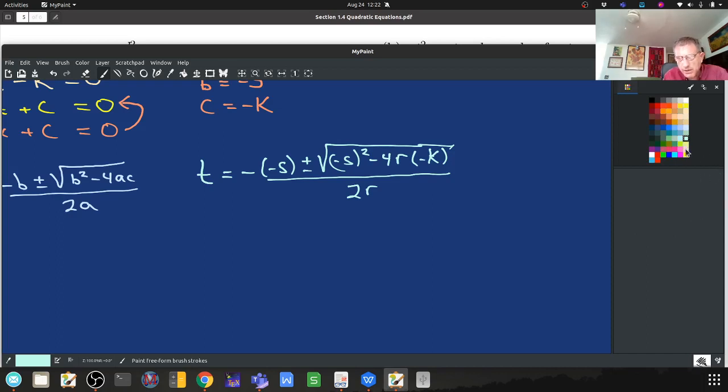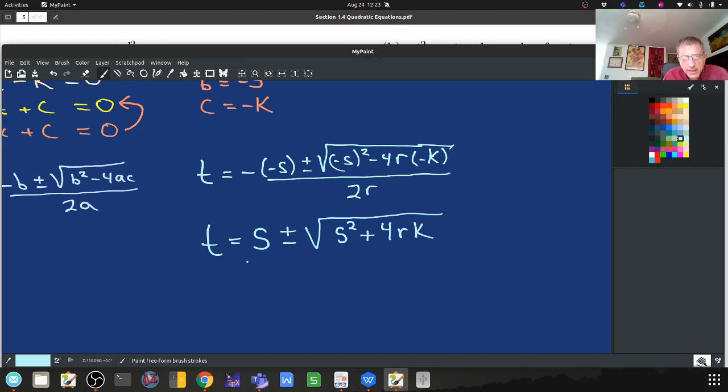So the final result is going to be t. Minus a minus is plus, I can drop that. So that's s. Minus s squared is the same as s squared, always. Minus 4 times r times minus k: minus times minus is plus, so 4 times r times k.